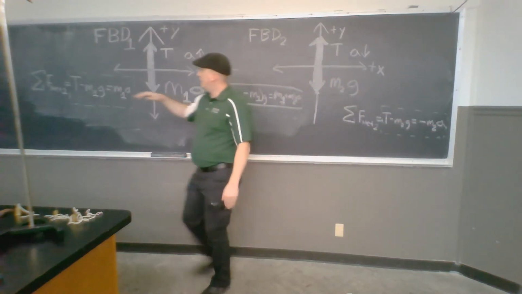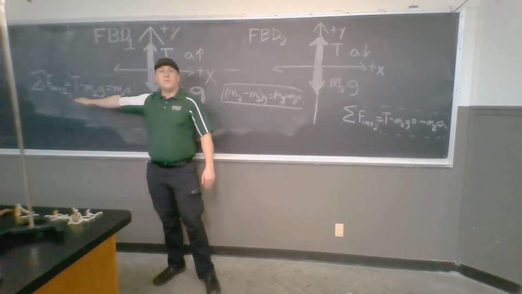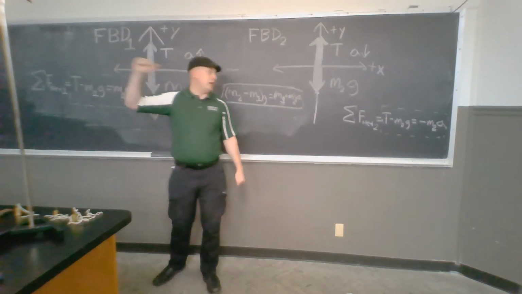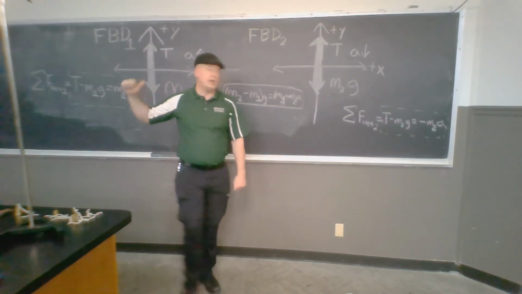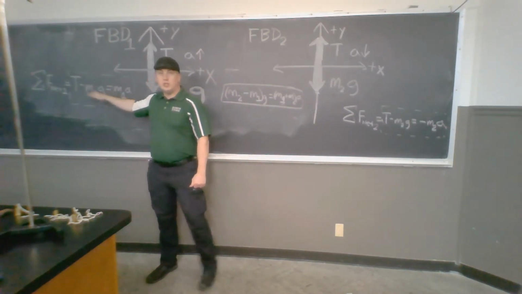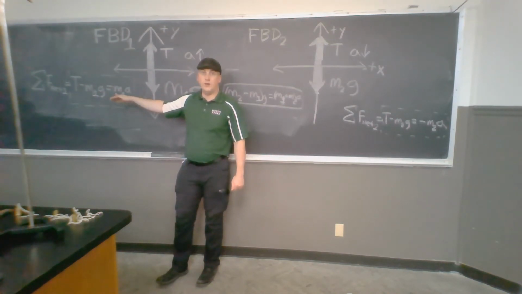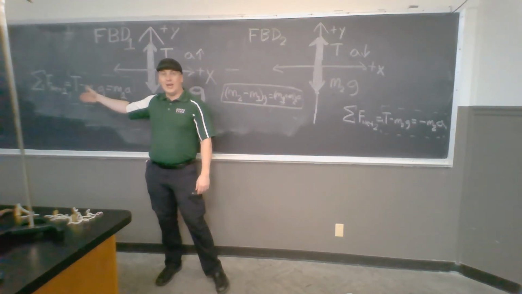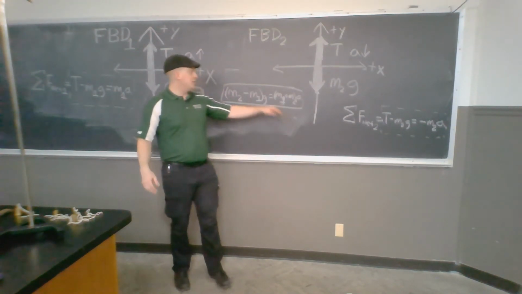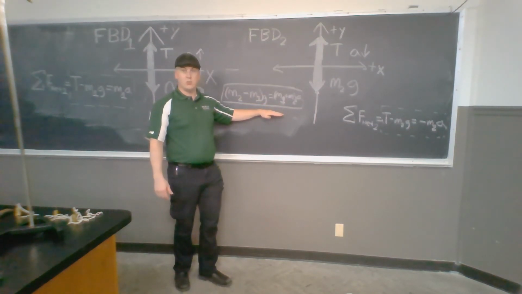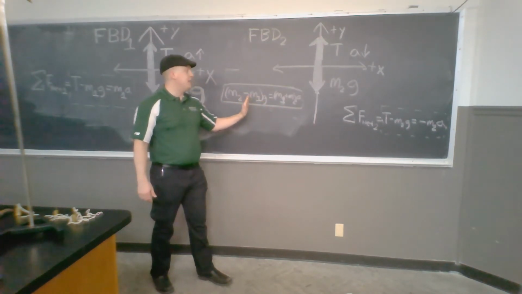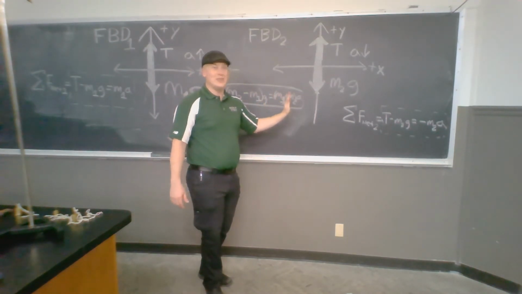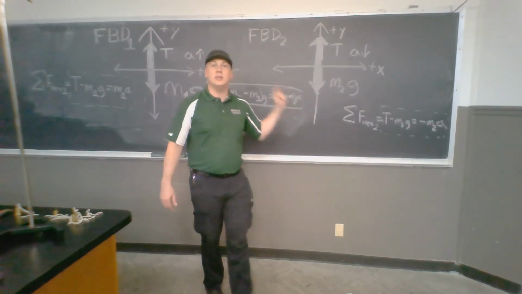When we substitute that equation into our first force equation, for object 1, you're going to get M2G minus M2A minus M1G equals M1A. Now, to get all the accelerations on one side, we will add M2A to the right-hand side. This gives us the middle equation on the board, which states that (M2 minus M1) times G is equal to (M1 plus M2) times the acceleration.